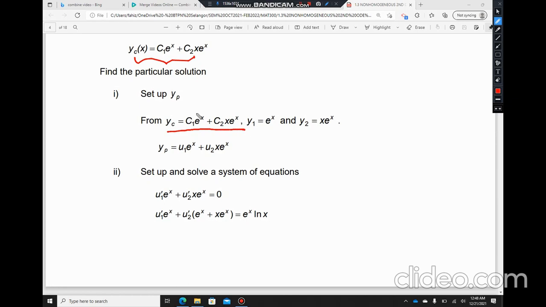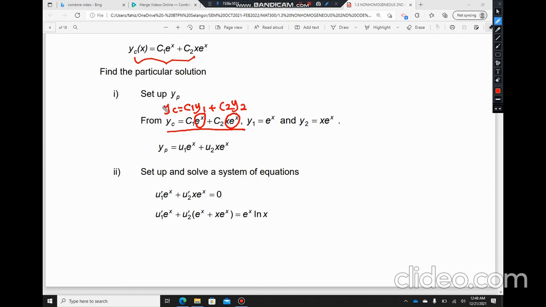Okay, so kita identify kat sini Y1. Kalau YC, formula dia C1Y1 plus C2Y2. So from here, you can identify your Y1. Y1 maksudnya dia akan jadi e^x. And then Y2 dia akan dapat x e^x.